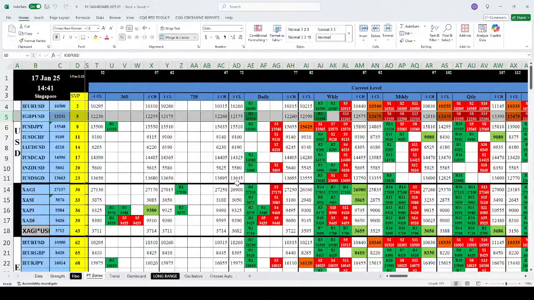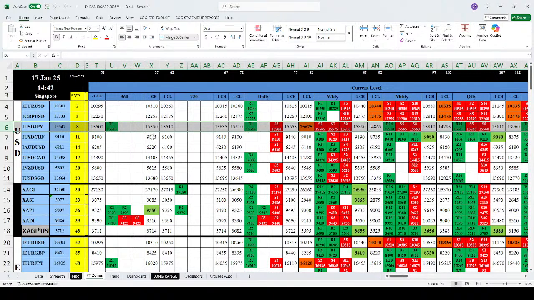Okay, then we look into the dollar yen. This is showing some strength. Right now this market is trading at 155.48, and we are seeing daily a strong selling force and a weak buying force. So we will go for sell and hold or cautious sell.